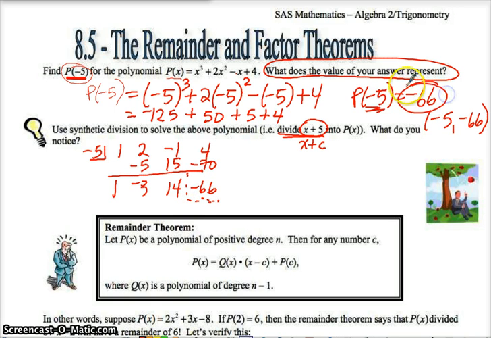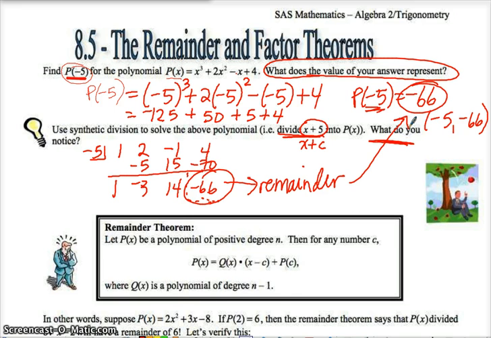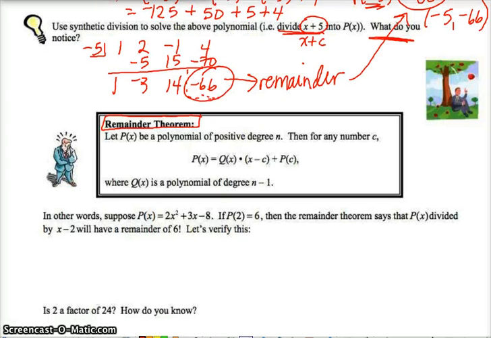Well, what do you notice? So I notice that the remainder is the same as the y value when I plug in negative 5. So that then leads us to the remainder theorem. So what does that mean?